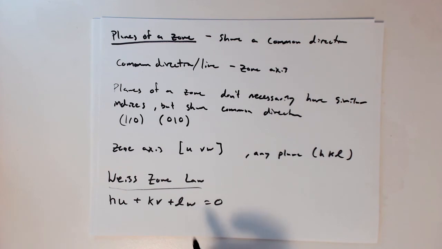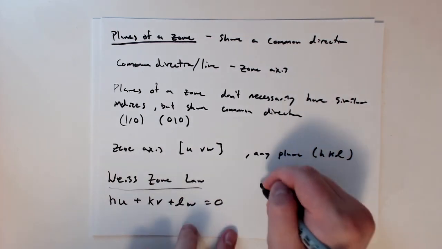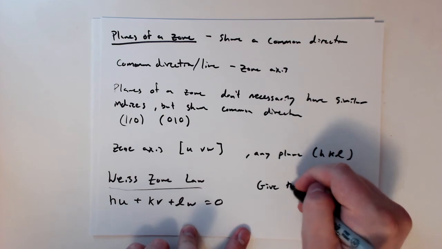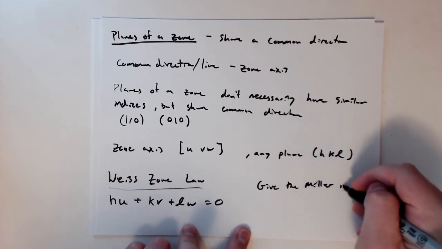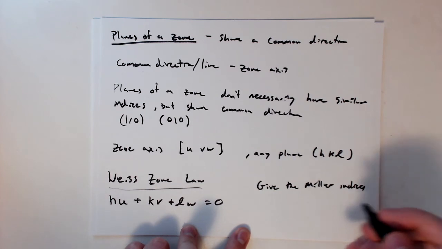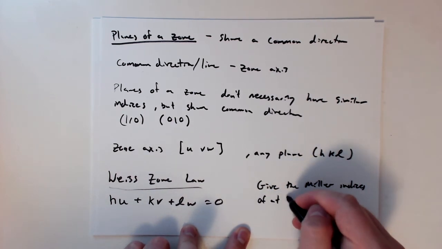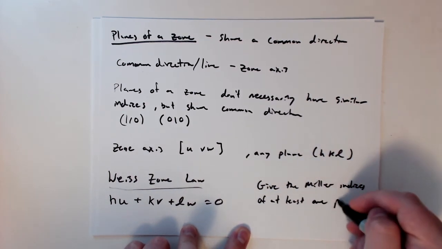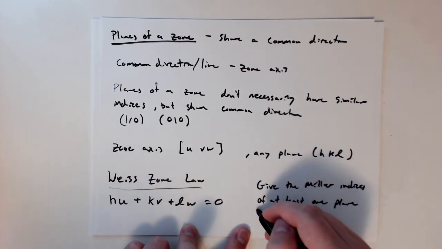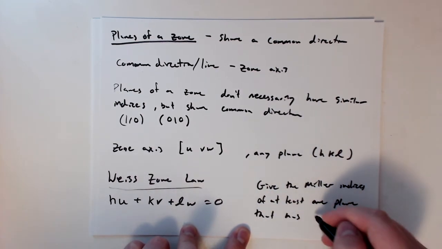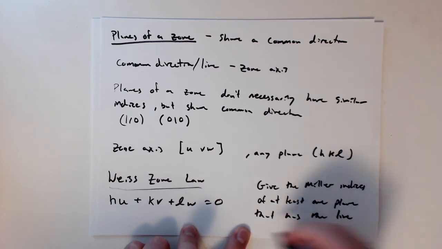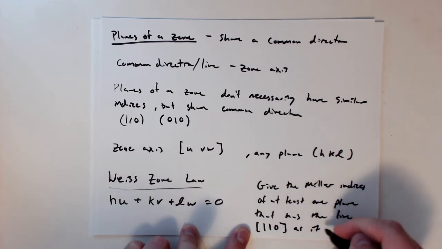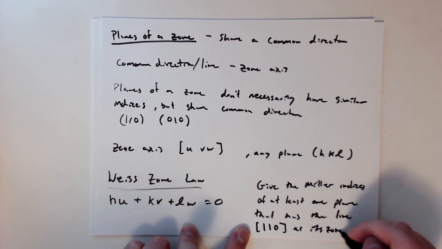All right, so for the next quiz question, I want you to pause the video here, and what you're going to do is you're going to come up with the Miller indices of at least one plane that has the direction or line 110 as its zone axis.